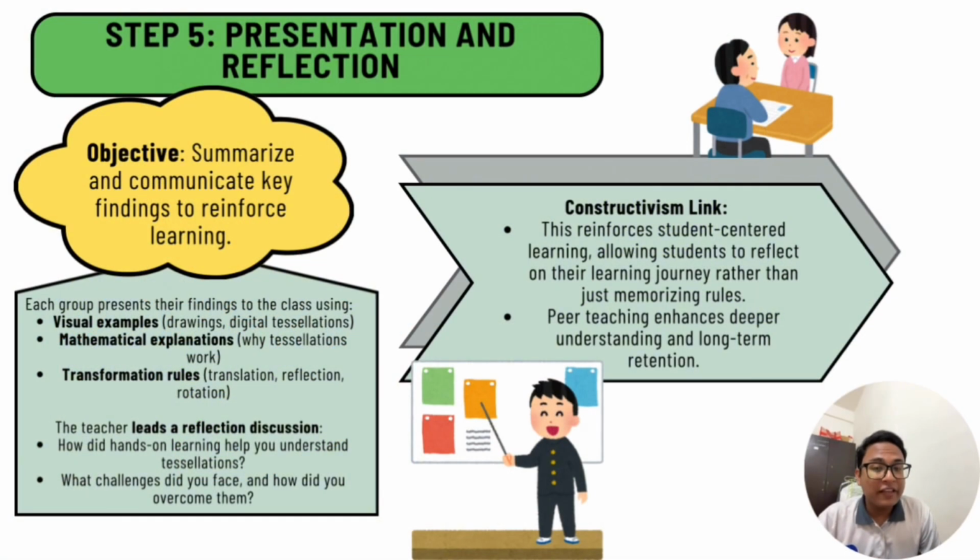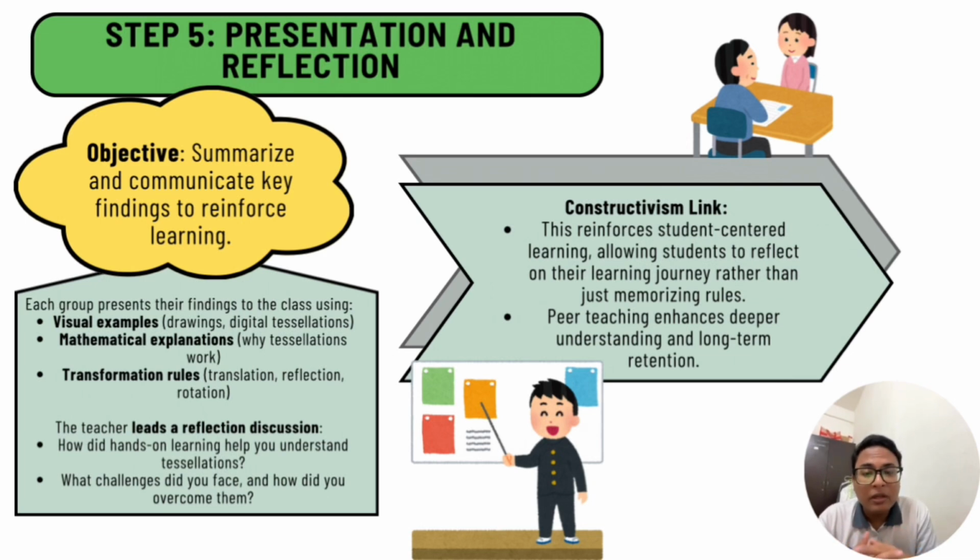Alright, step 5 is presentation and reflection. The teacher can ask students to make a presentation and also a reflection on this activity, which is the tessellation. The objective is to summarize and communicate key findings to reinforce the learning.